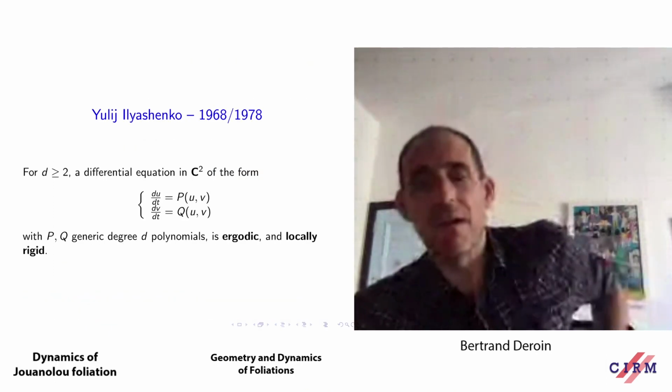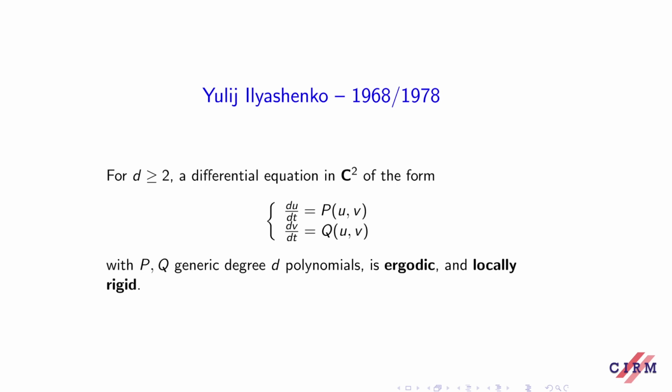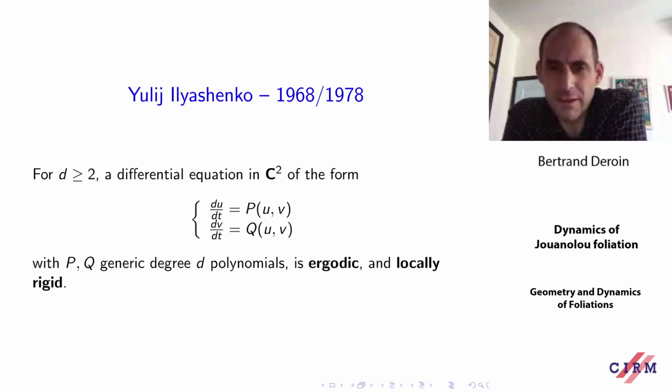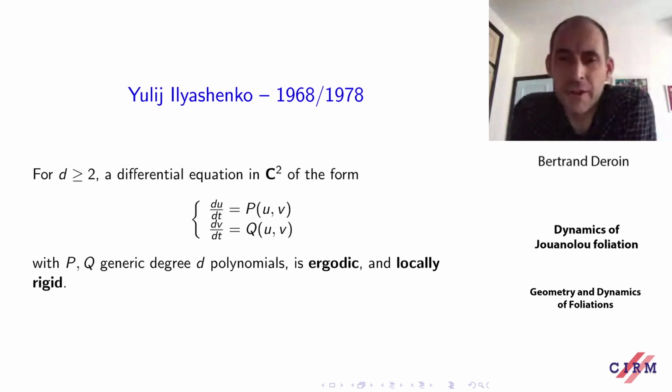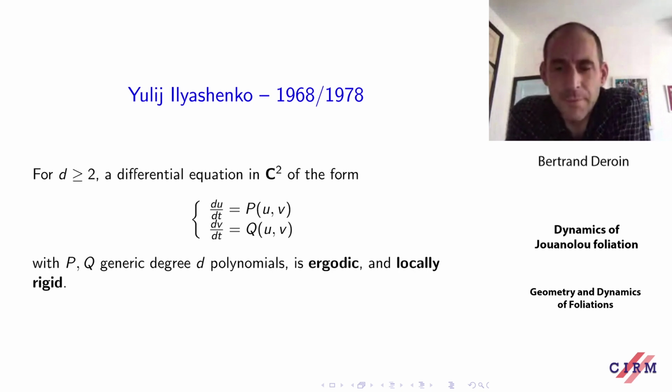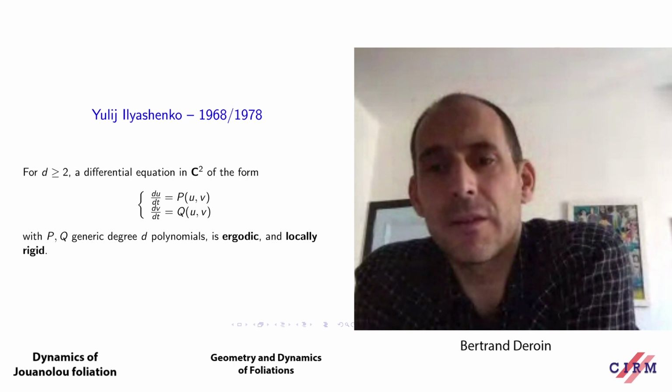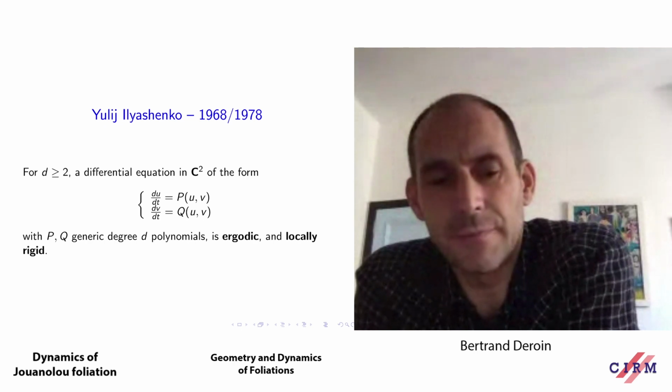As I said, Ilyashenko some years later improved the result of Udaj-Verenov, and he showed that under the same assumptions, for the same kind of polynomial differential equation in C2, they are ergodic, namely you cannot find a decomposition of the phase space into a union of trajectories such that each atom of the partition has positive Lebesgue measure.